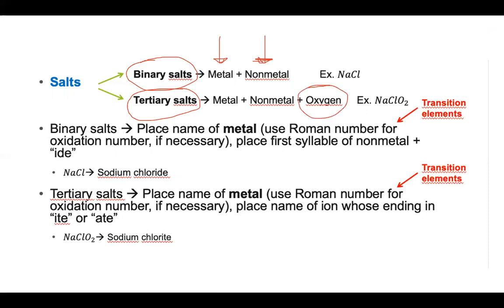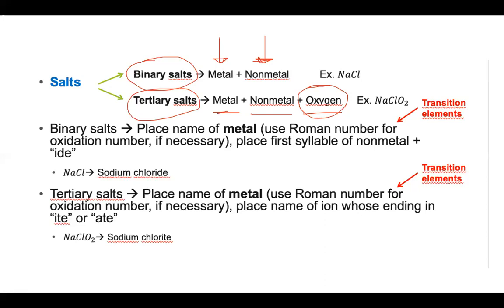So binary: metal and non-metal. Tertiary: metal, non-metal, and oxygen. The rules for naming them are a little different because if we have oxygen, we will have a polyatomic ion, and we will see in a moment what that is. We have to change a little bit the way to name it.